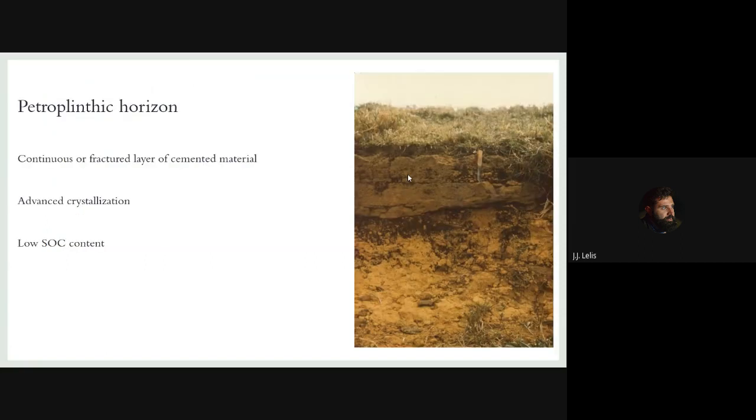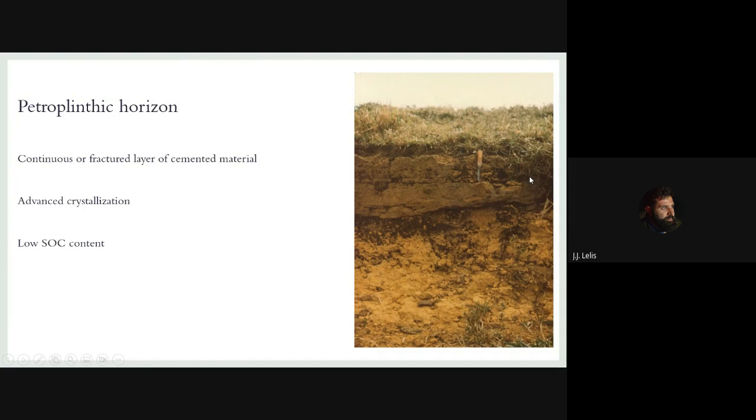Okay, what is a petroplinthic horizon? It is a continuous or fractured layer of cemented material, like this one. We can see here a layer that was cemented by iron, and we can hardly break this horizon.